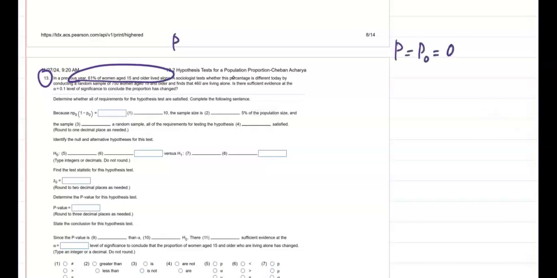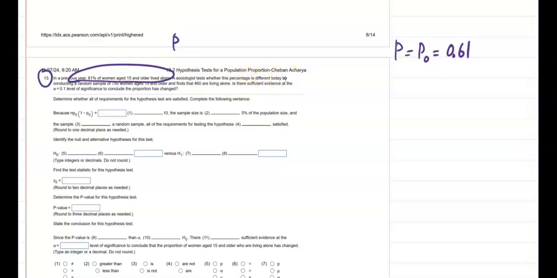So question number 13. In the previous year, 61% of the women aged 15 or older lived alone. So 61% represents the population proportion p here. So I should say p equals p0 equals 0.61. A sociologist tests whether this percentage is different today.